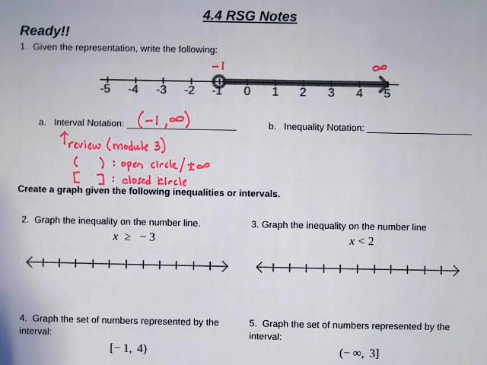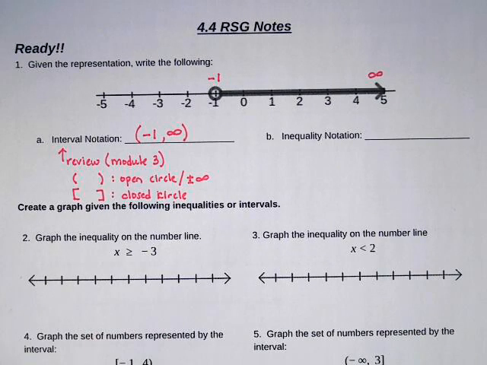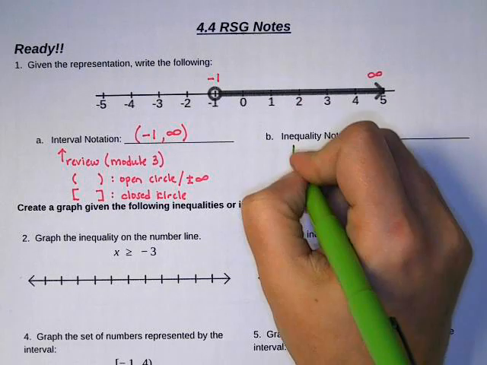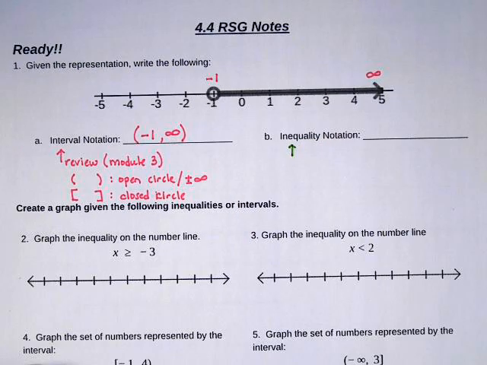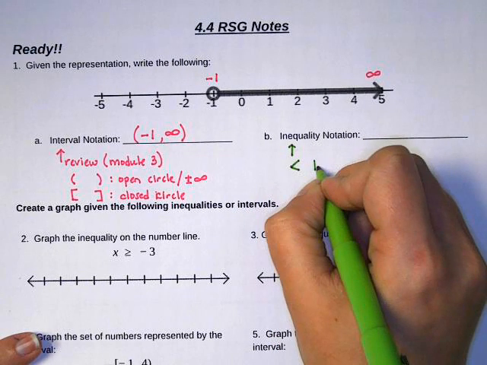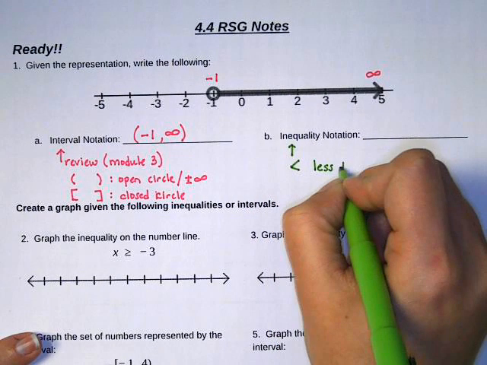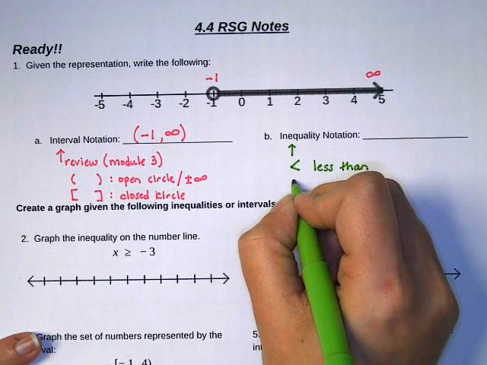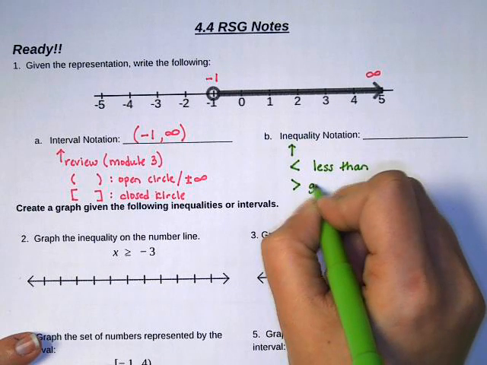Now, the second thing that we're going to talk about today is what's called inequality notation. Inequality is a new thing, and there are some special symbols that we need to know. The symbol that looks like this is a less than symbol. The symbol that looks like this is a greater than symbol.